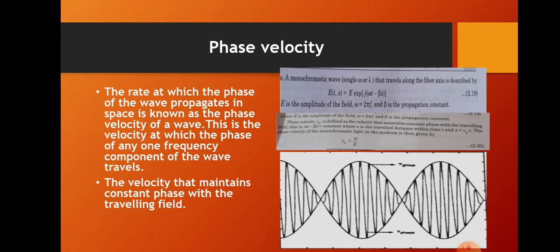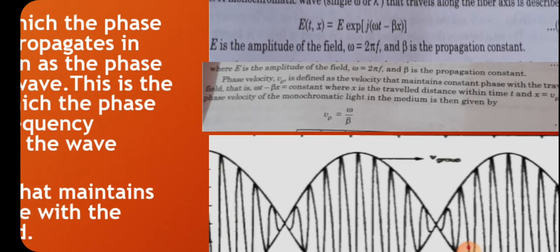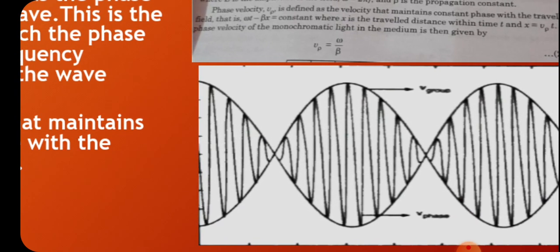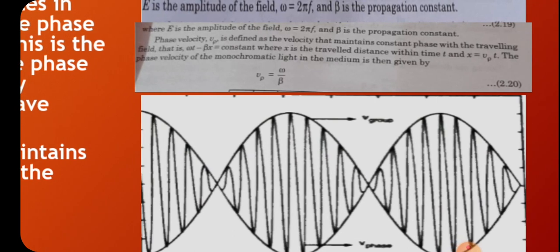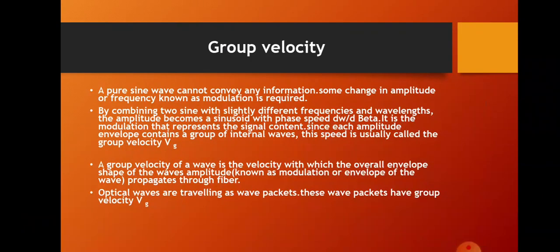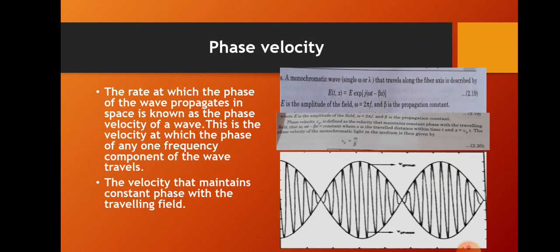See, in the previous figure we can see that the phase velocity is marked at the lower side and the group velocity is marked on the envelope. Once again I am stressing the point: by combining two sine waves with slightly different frequencies and wavelength, the amplitude becomes a sinusoid with speed d omega divided by d beta.